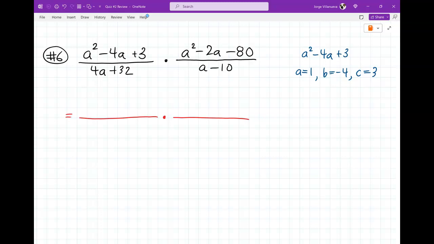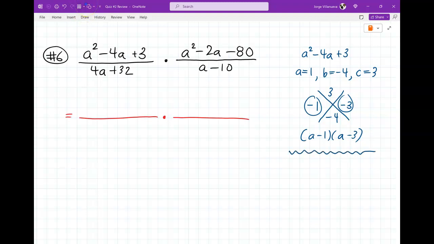So I'm going to multiply A times C, that's 3, and B is negative 4. So two numbers that multiply to 3 that add up to negative 4. Well, only 1 and 3 multiply to 3. But since they have to add up to a negative 4, both are negative. And A is 1, so I don't have to divide. So I just get A minus 1, A minus 3. So let me put that on the top left.